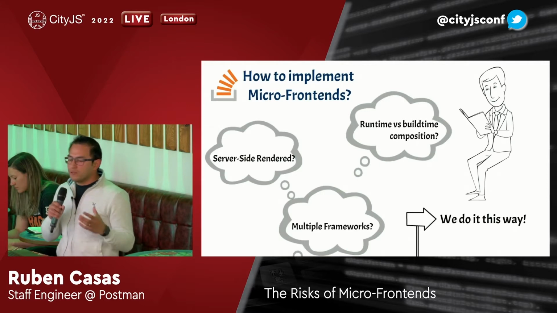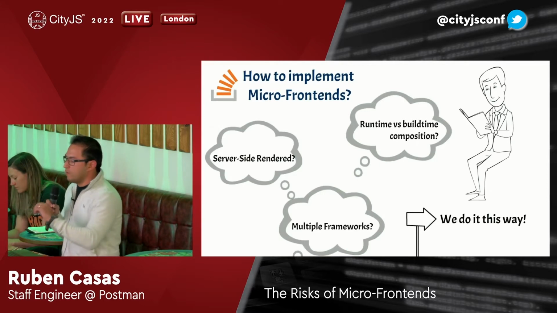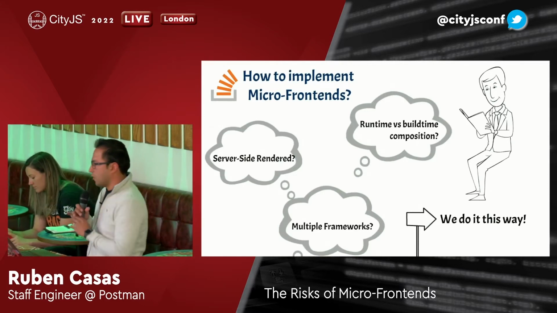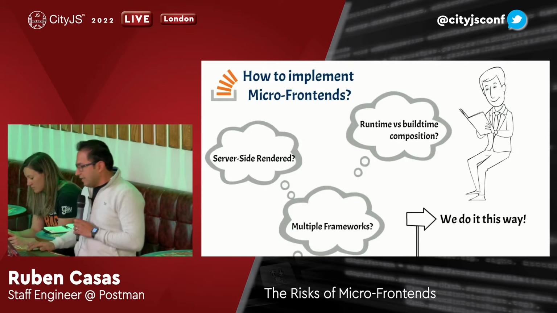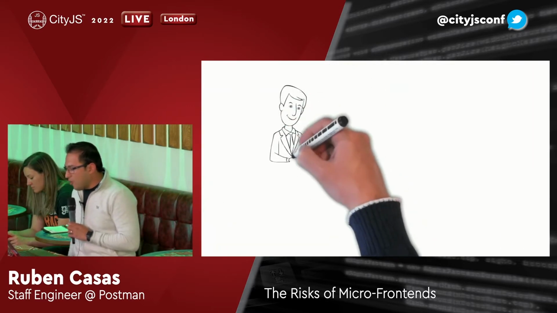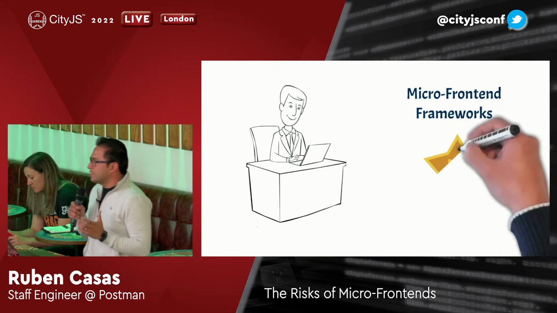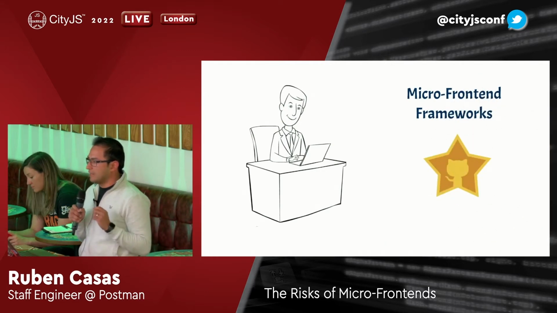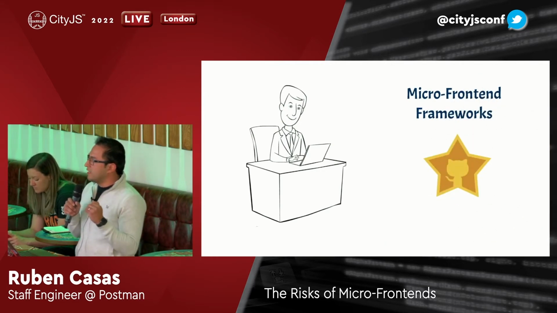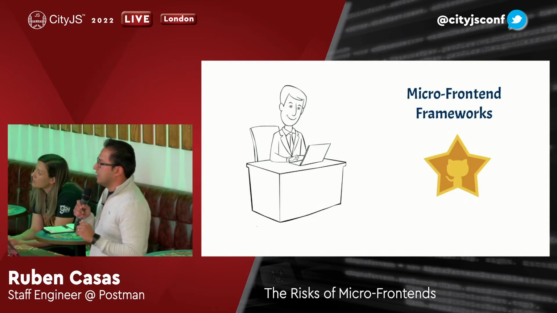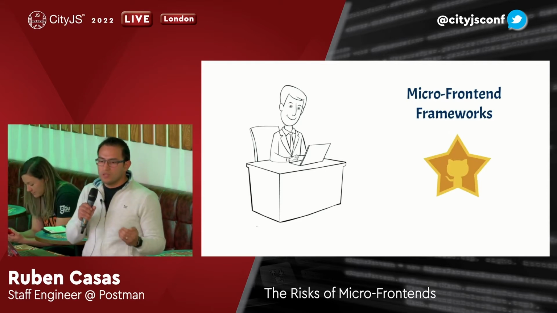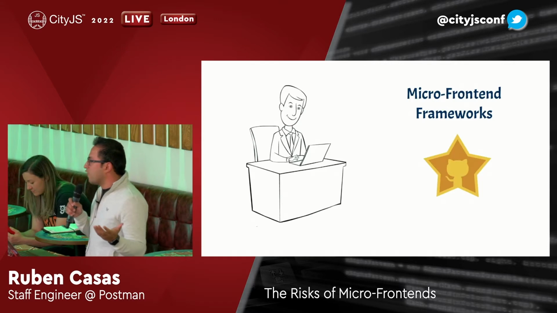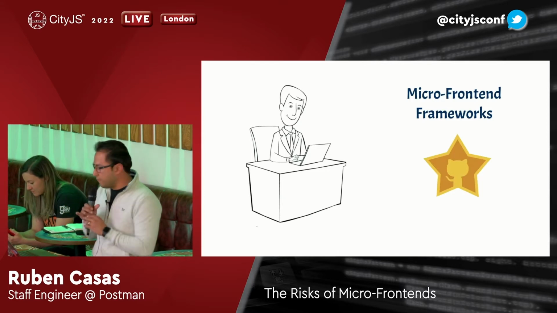And a lot of people just saying, we implement micro-frontends this way or that way. Also, Bob found a lot of micro-frontend specific frameworks. He found one he liked, and it had a lot of stars, a lot of support. So he was like, OK, let's use this micro-frontend framework.